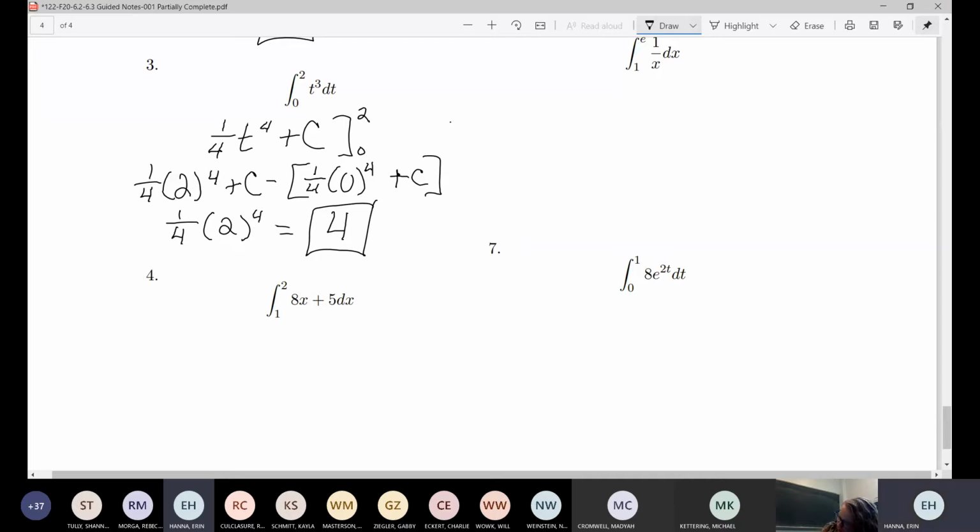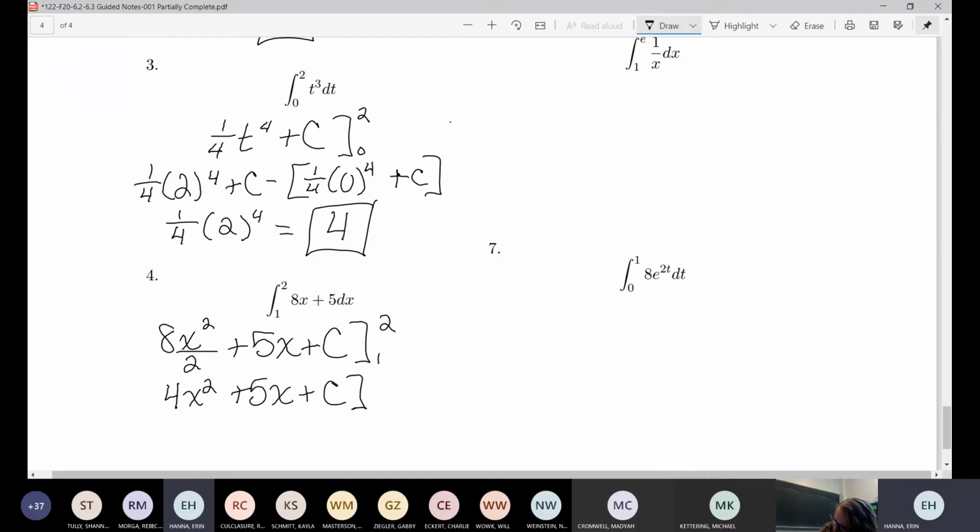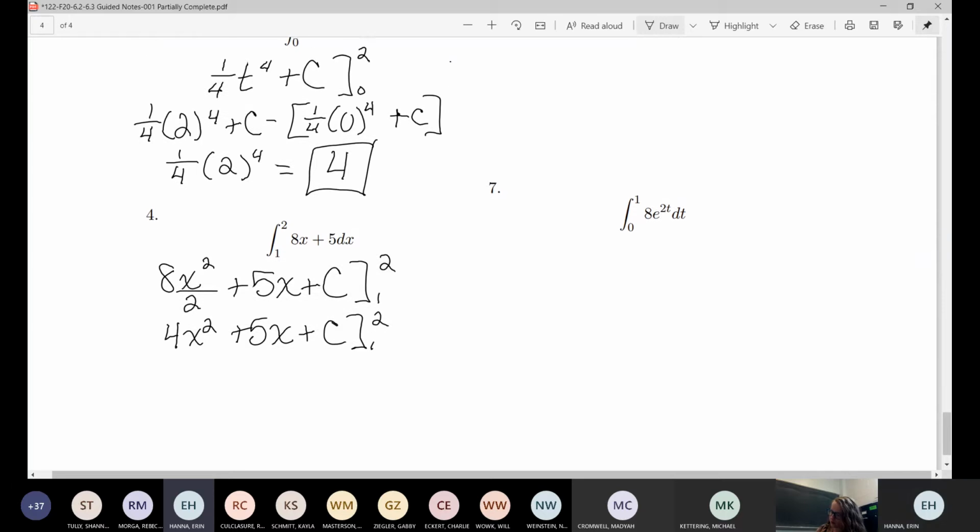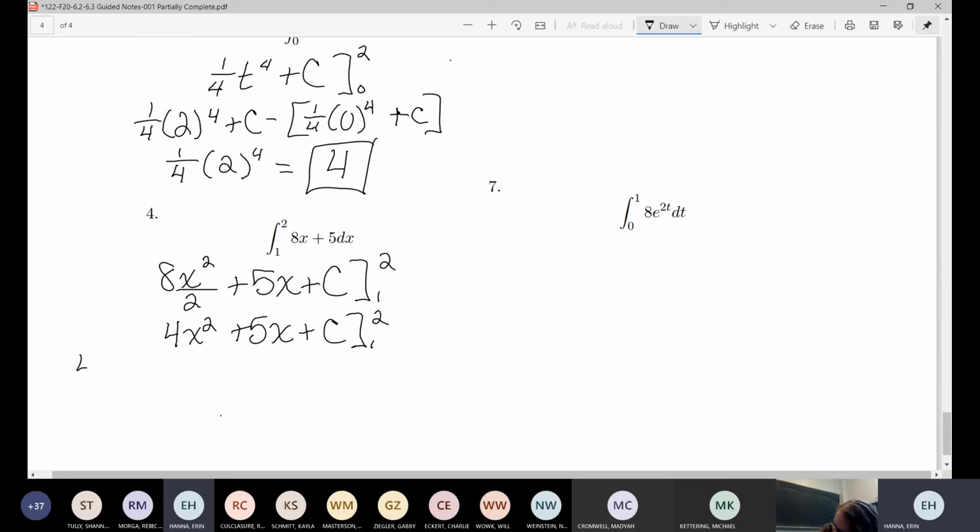And then the other one, add 1 to the power, divide by the new power. The 8 came along for the ride. 5x. So 4x squared plus 5x plus c. So plug in the top bound.